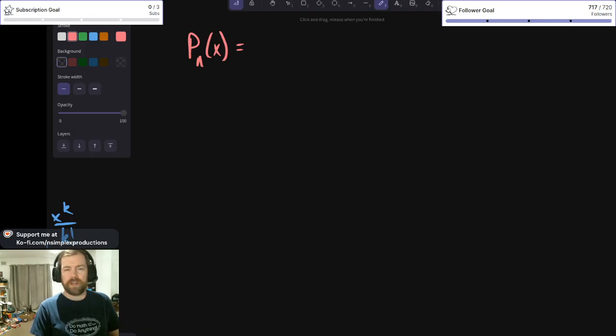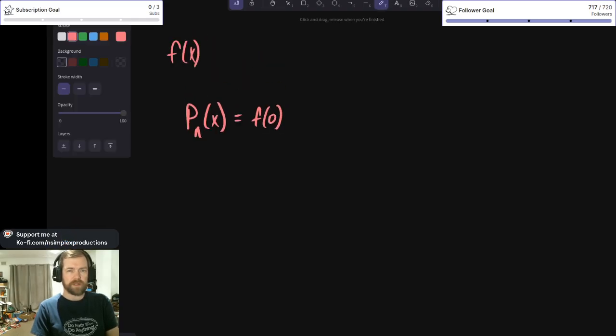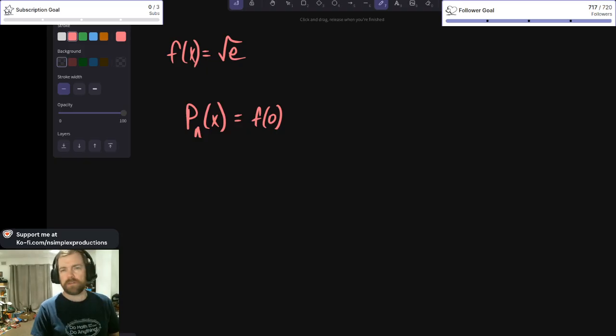Right, so an nth degree Taylor polynomial is going to look something like f of 0. This is a particular one that we were looking at with f of x equals, oh, e to the x. Of course it would be. Lagrange estimates. Nice.